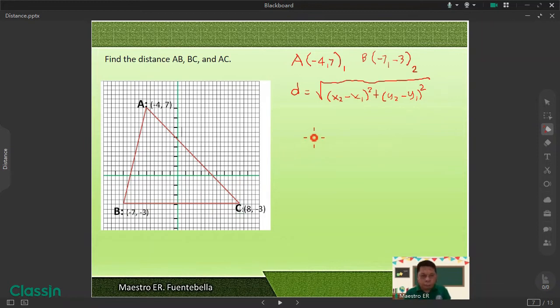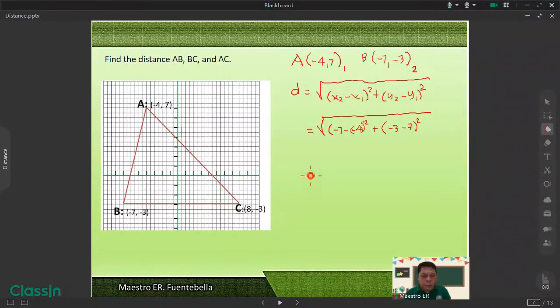So your x sub 2 is negative 7. So it is now square root of negative 7 minus x sub 1, which is negative 4, close quantity squared, plus y sub 2, which is negative 3, minus positive 7, which is y sub 1.